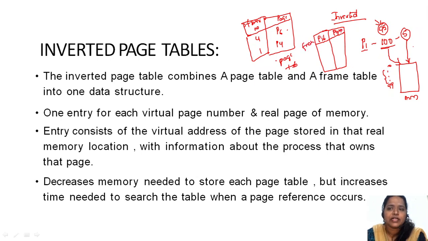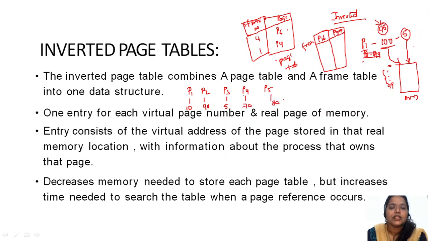Suppose P1 process contains 100 pages. For example, I have 5 processes, P1, P2, P3, P4 and P5. P1 is having 10 pages, P2 is having 90 pages, P3 is having 5 pages, P4 is having 70 pages and P5 is having 80 pages.